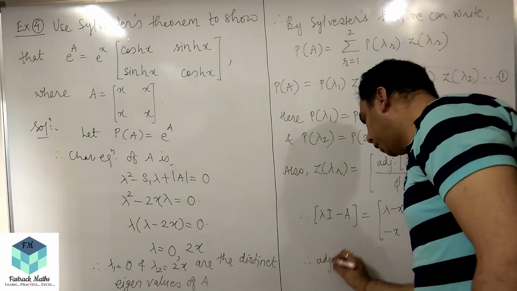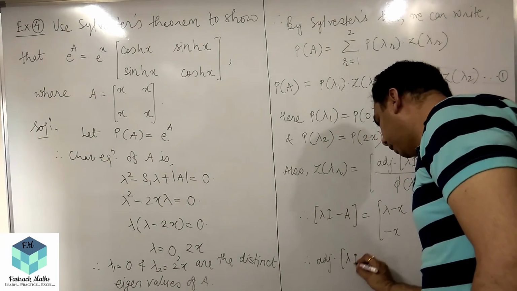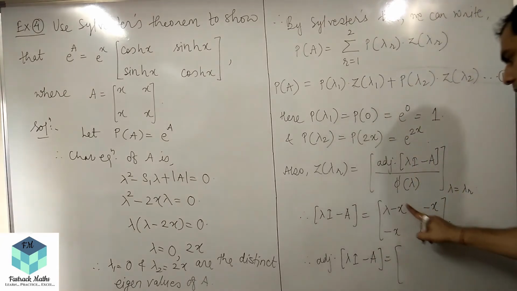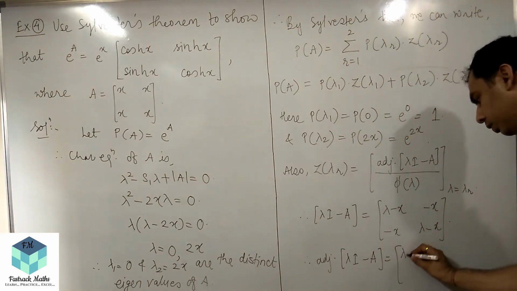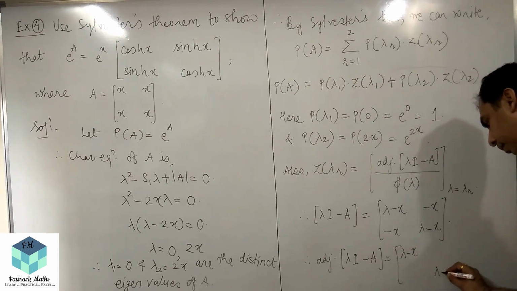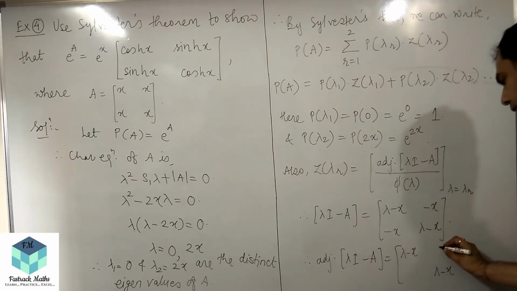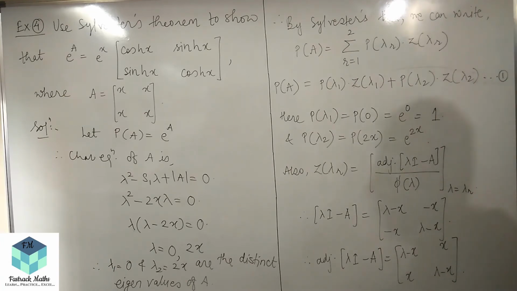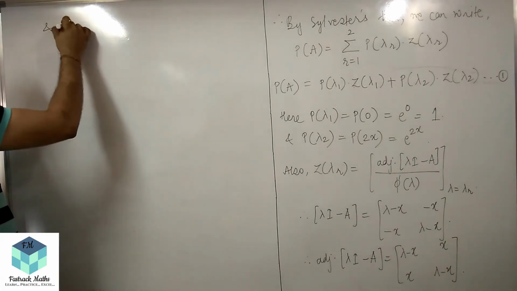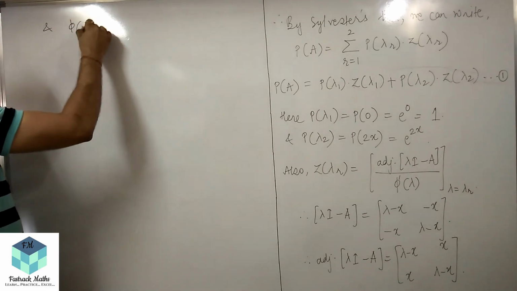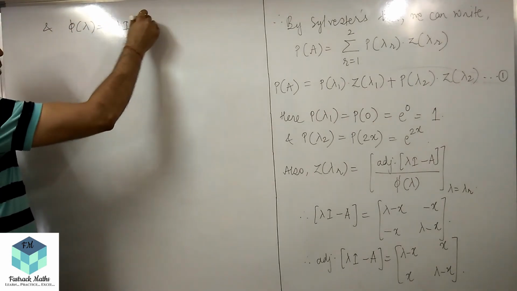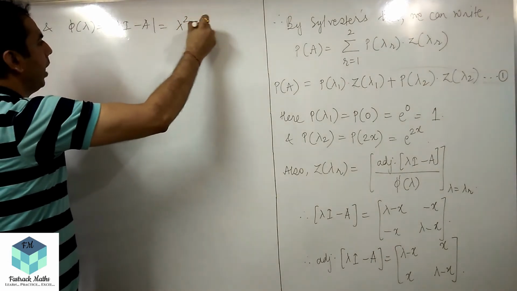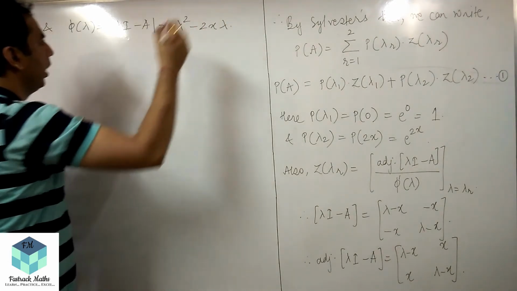So from this we can find adjoint of lambda I minus A. Adjoint of lambda I minus A is given by: you have to change the place of these two, so it is lambda minus x, and change the sign of these two, so it is x and x. And phi of lambda is given by determinant of lambda I minus A, which is equal to lambda square minus 2x lambda.